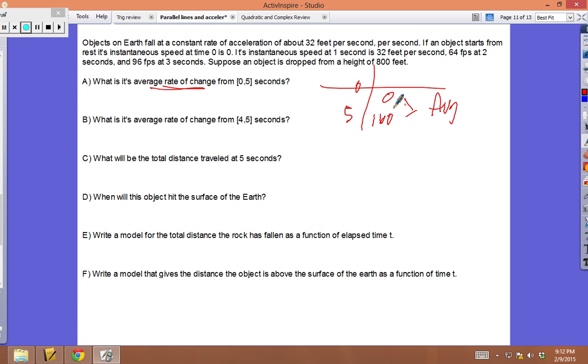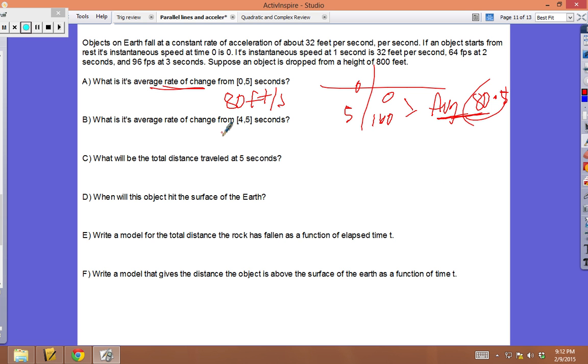The average between 0 and 160 is going to be 80. And I've got to times that by how long it was in the air, which is 5 seconds. So 80 times 5, or hold on, it just wants the average rate of change. So 80 feet per second. And if you times it by 5 seconds, that's 400 feet total it covered.